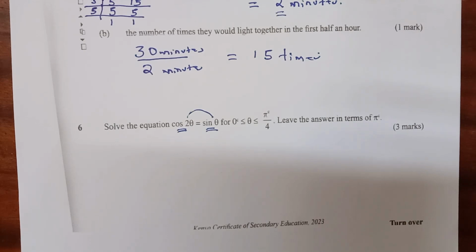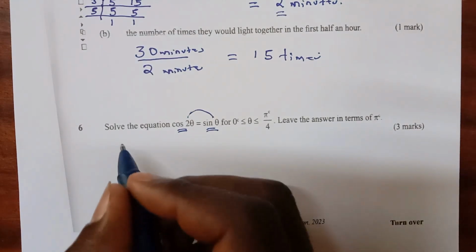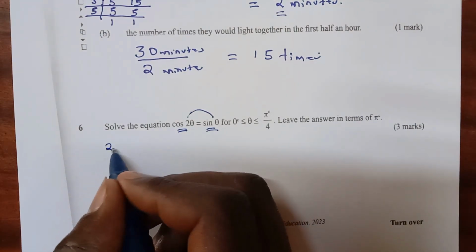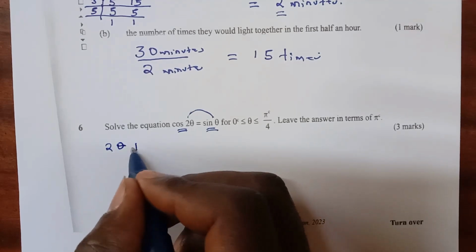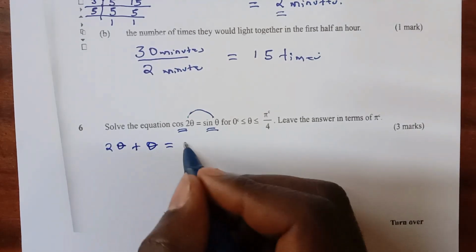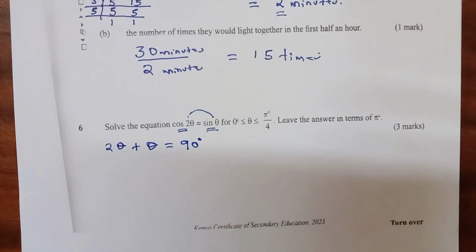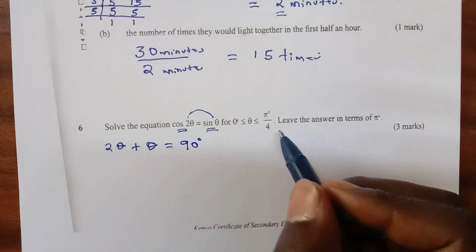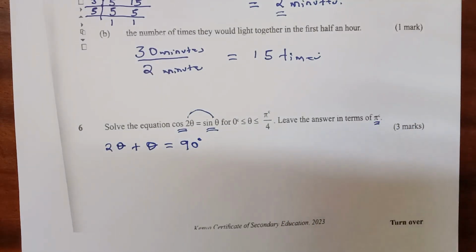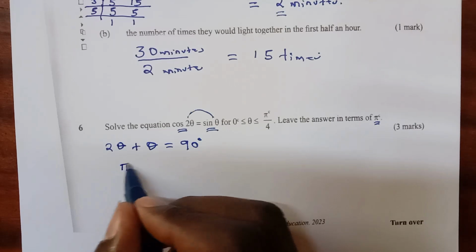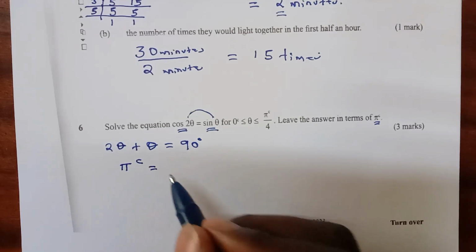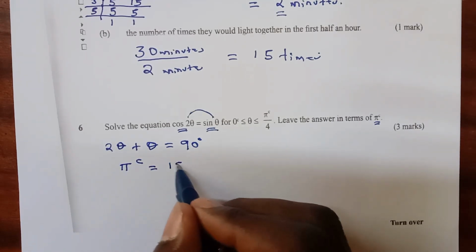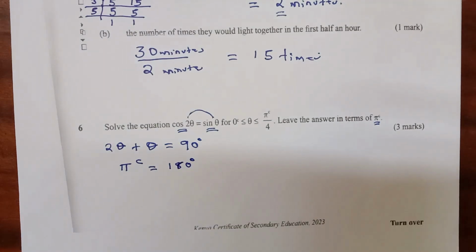So in our case here, we know that 2 theta plus theta should give us 90 degrees. Now, the examiner requires the answer in terms of pi radians, and we know that pi radians is equal to 180 degrees.